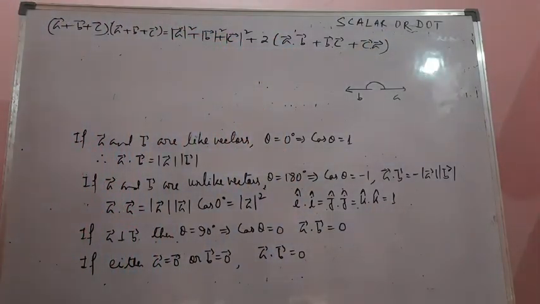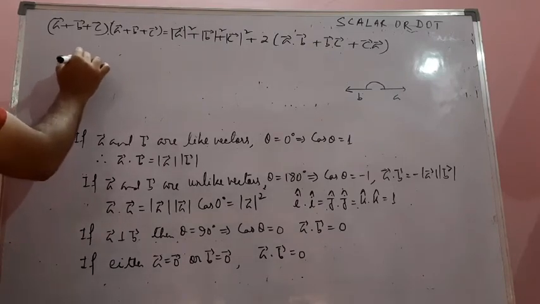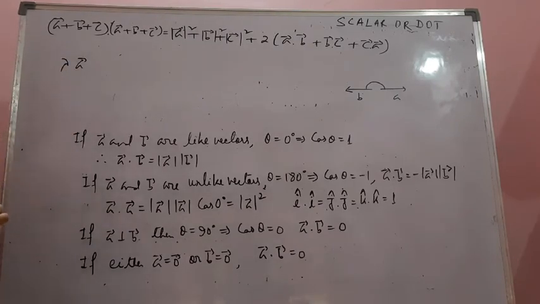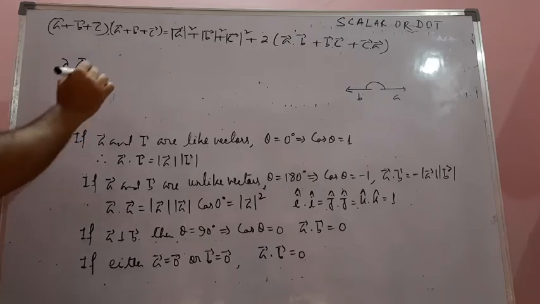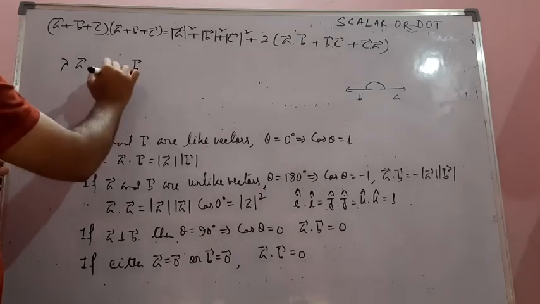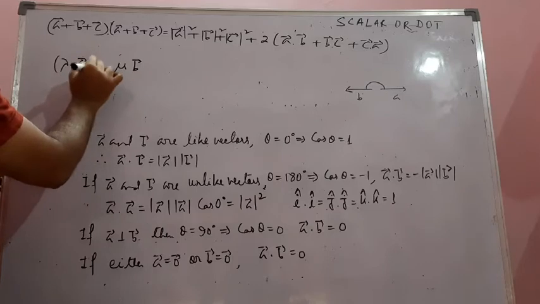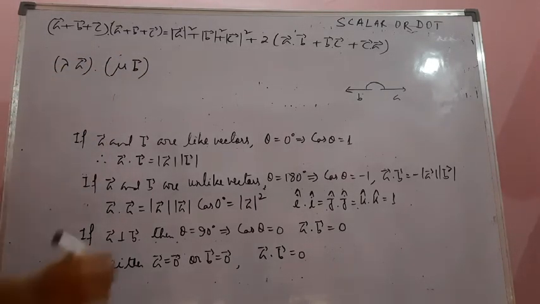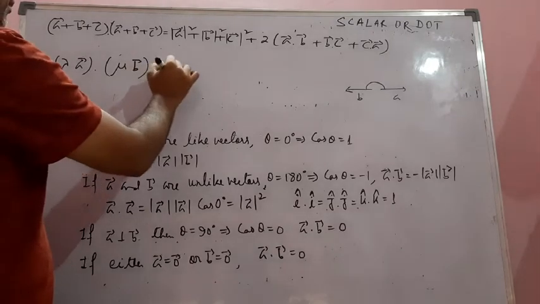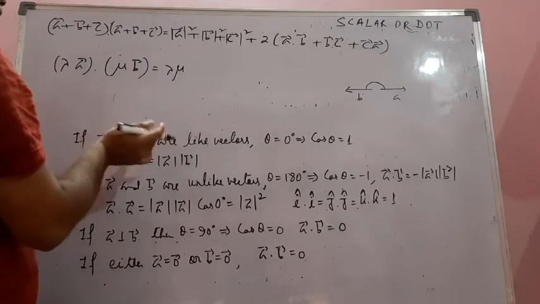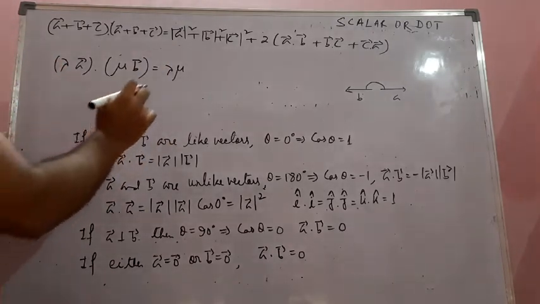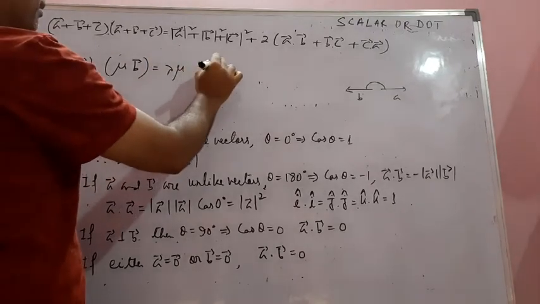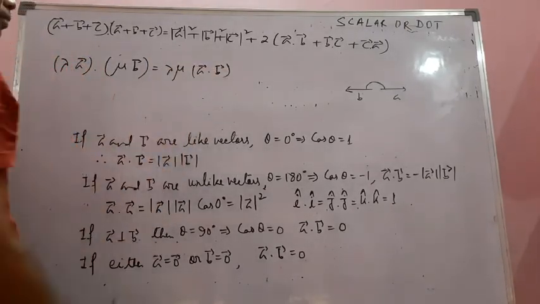Okay. Next, suppose vector a is multiplied by a scalar, let's say lambda, and vector b is multiplied by another scalar, say mu, and after that you have to find their dot product. So twice a dot 3b, like that. Then what you can do? You can multiply the scalars, real numbers, separately and find the dot product of a and b.